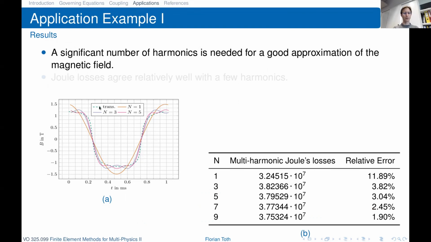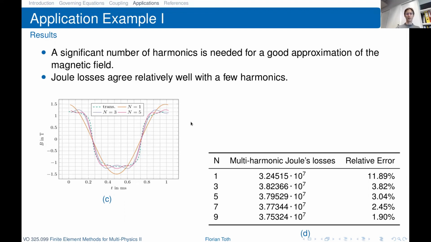We have the transient reference solution as a dashed line here, and depending on the number of harmonics n, we see that more harmonics, of course, approximate our solution better. So a fairly high number of harmonics is actually needed to get a really good agreement here.